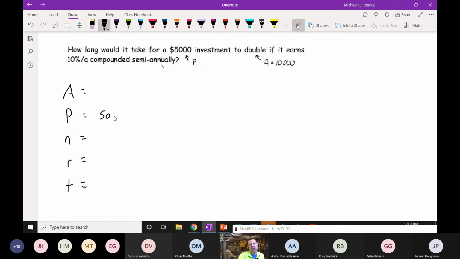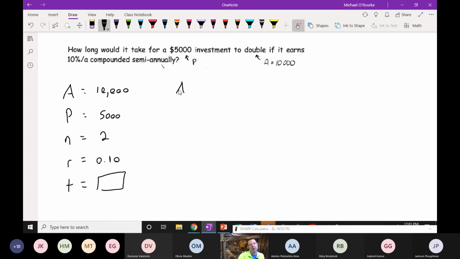So 5,000 is our principal, and the double is going to be 10,000. 10% compounded semi-annually. So we're going to have 0.1 here. Semi-annually is 2 here, and we're looking for this right here. Okay?